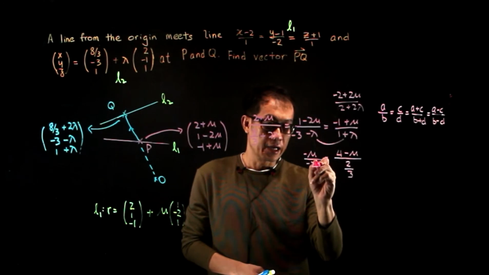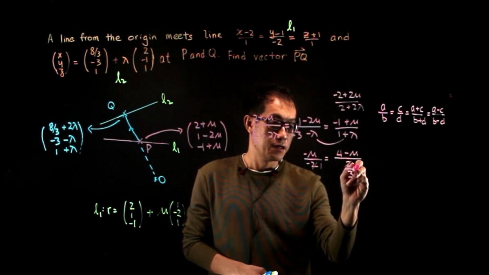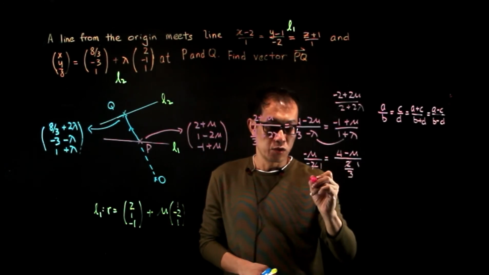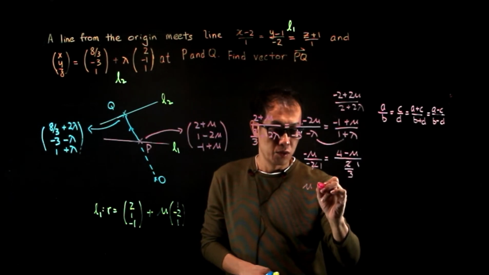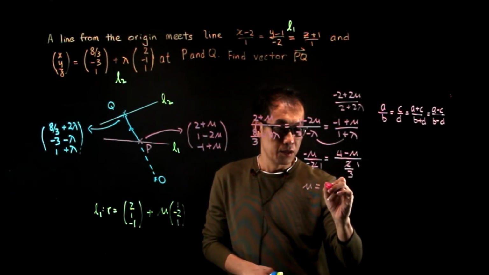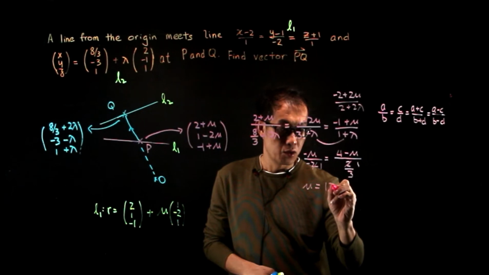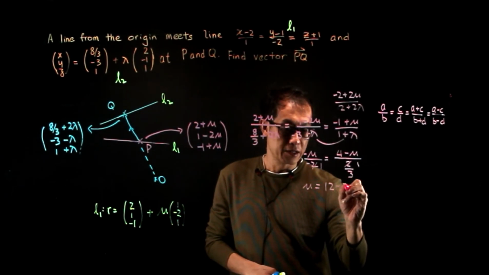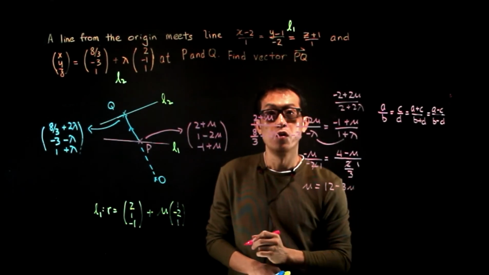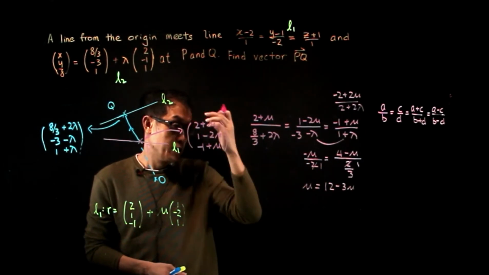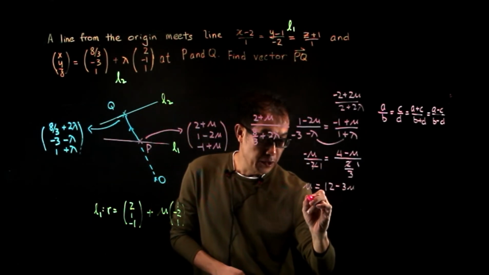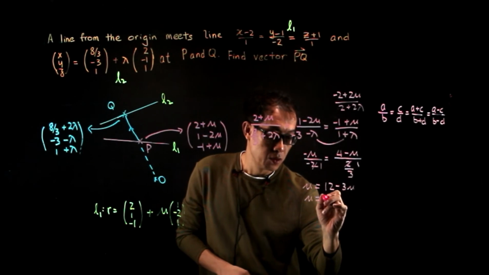Now this and this can cancel, and this will be equals to mu will be 12 minus 3 mu. Now I work out mu is equals to 3.